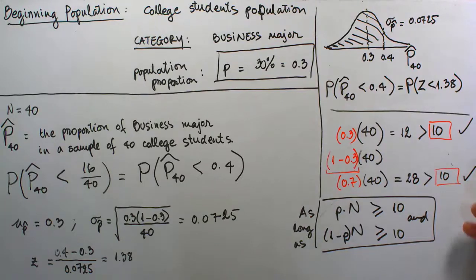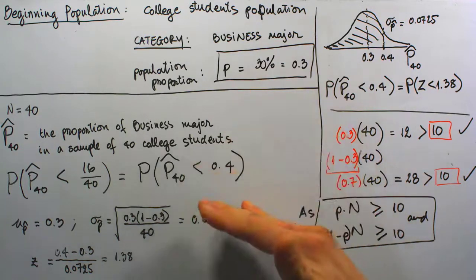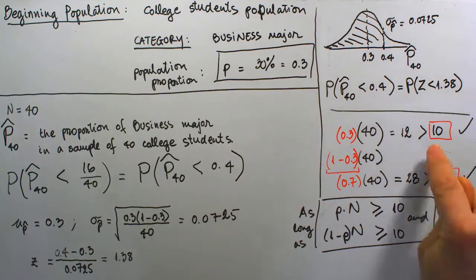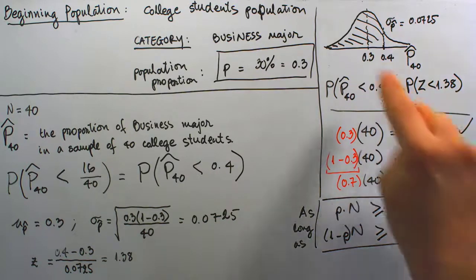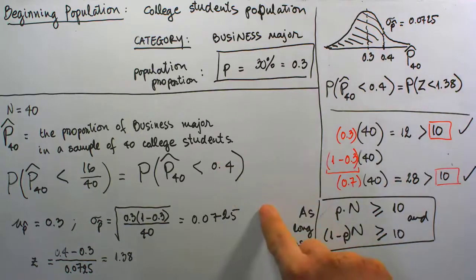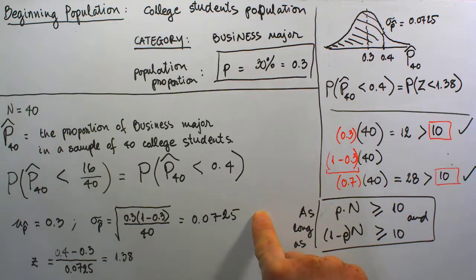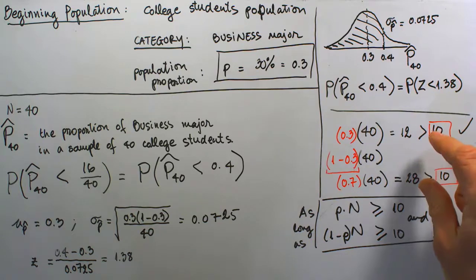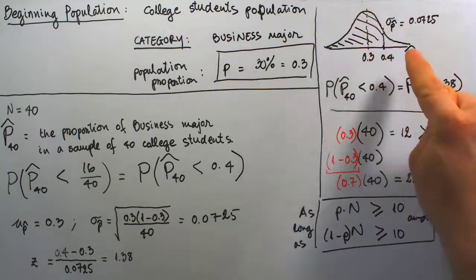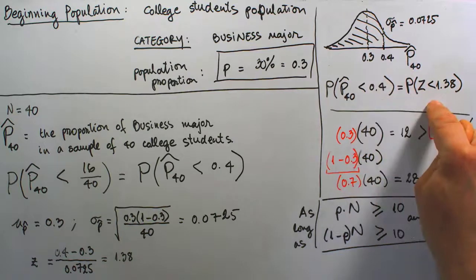But in the end, as far as the structural steps right here, this step where I verified the use of the bell curve should have been done right after I found the center and the average spread of the data. And once we can verify that our sampling distribution can be placed on a bell curve, then we can go ahead and treat the problem entirely as a bell curve.